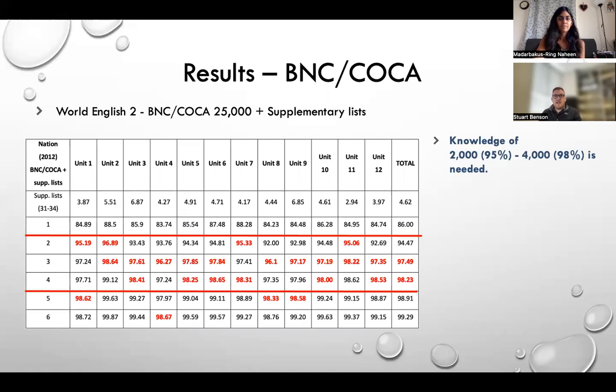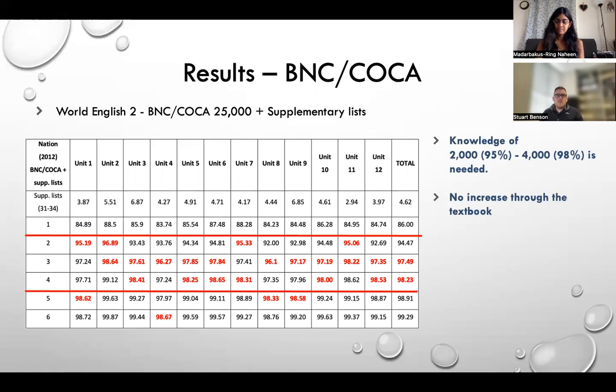Many studies have looked at where the baseline for knowledge is. 95% comprehension is needed to understand a text, and the operable percentage would be about 98%. So these are the 2 lines to show you where each of the units reached 95% and 98%. As you can see from the results, knowledge of the first 2,000 words reached 95%, and 4,000 words reached 98%.